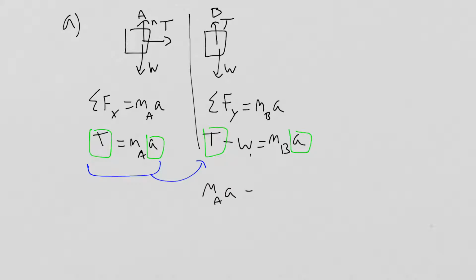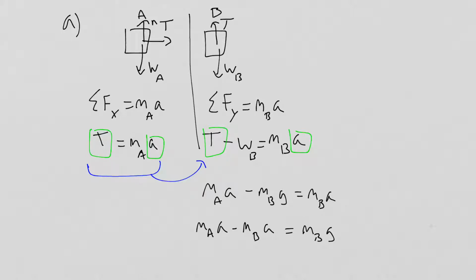And this is the weight of block B, so I should make sure to clarify that in my free body diagram. The weight of block B is m g for block B. With that substitution, now I only have one unknown left. I just need to do some algebra to rearrange.